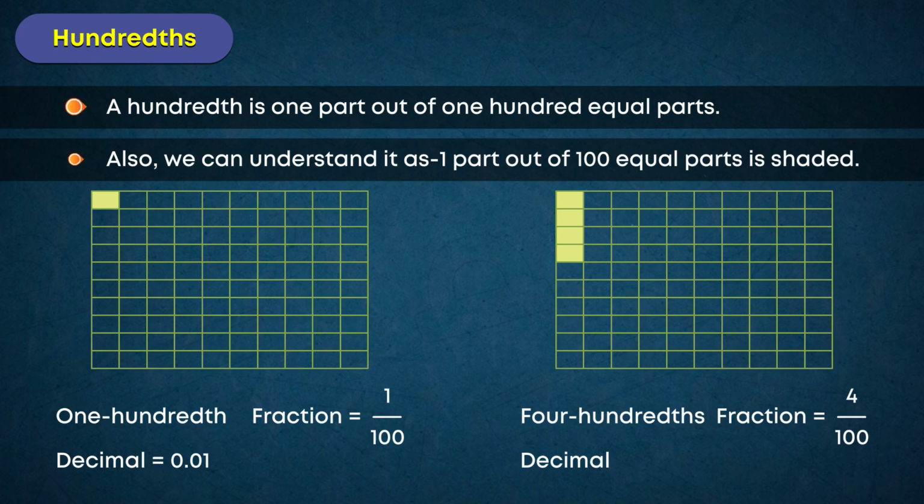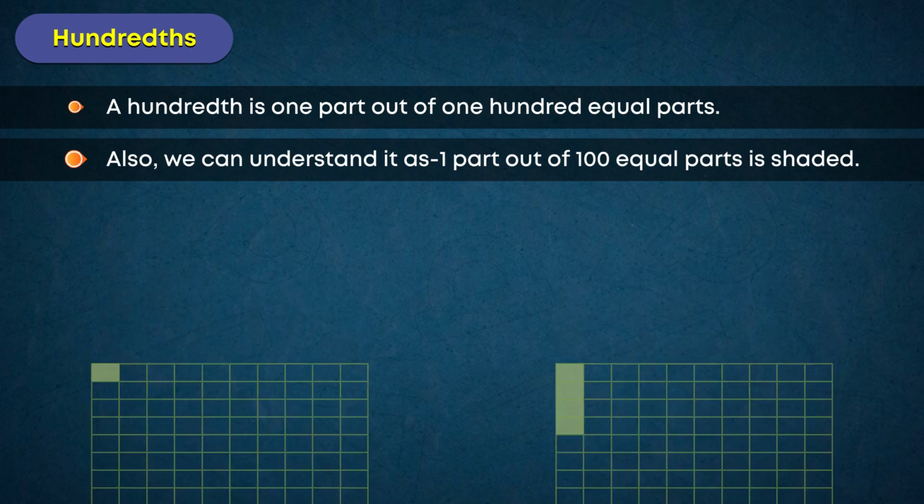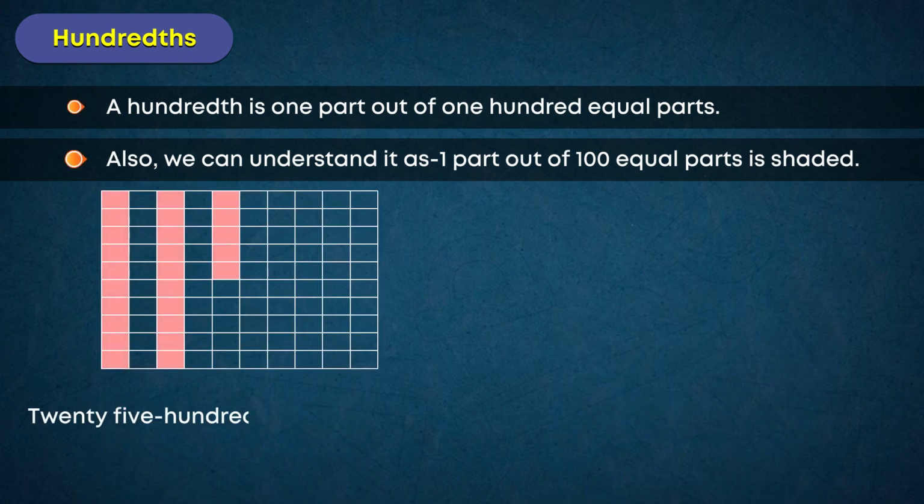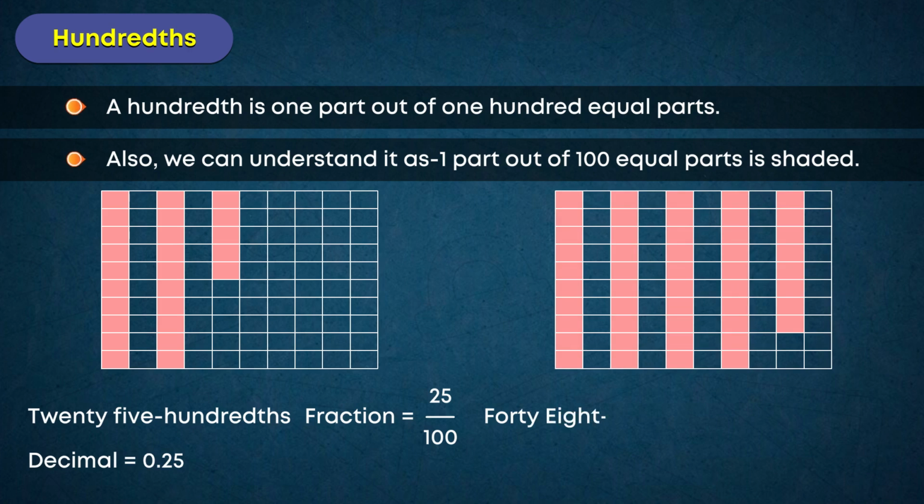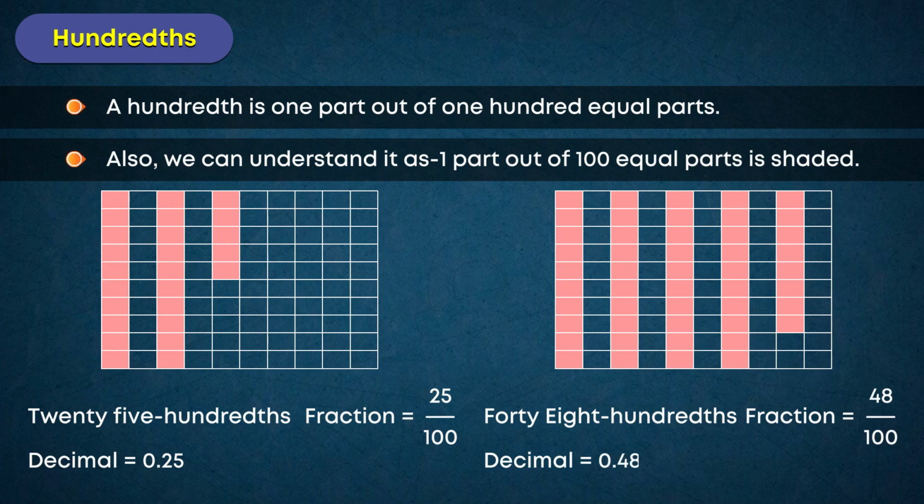Decimal is equal to 0.04. 25/100ths fraction is equal to 25 by 100. Decimal is equal to 0.25. 48/100ths fraction is equal to 48 by 100. Decimal is equal to 0.48.